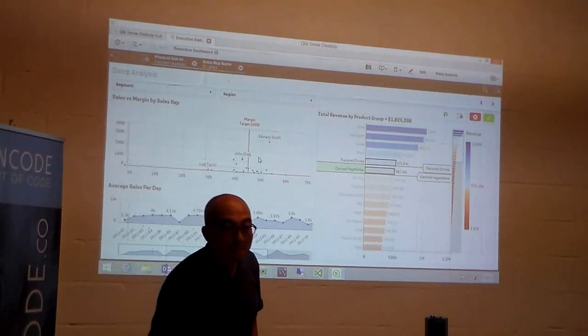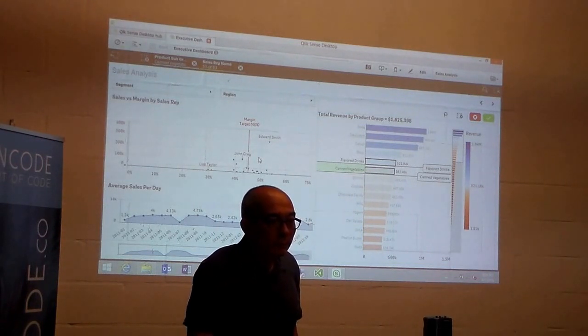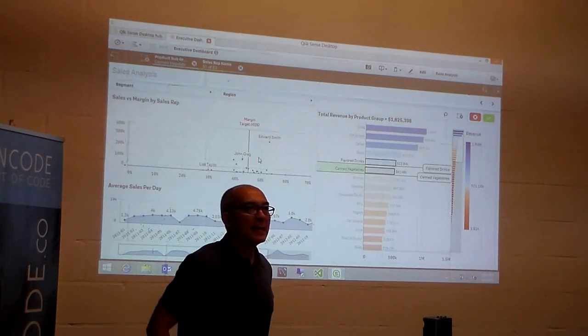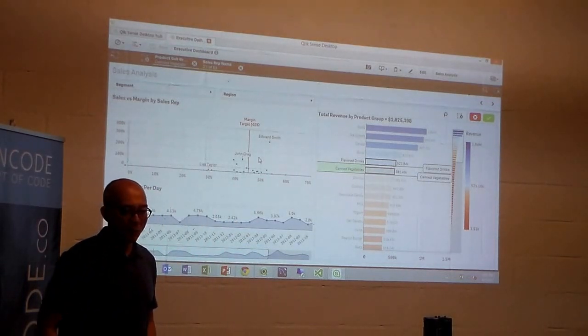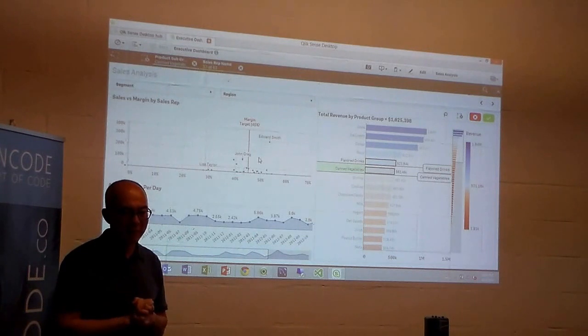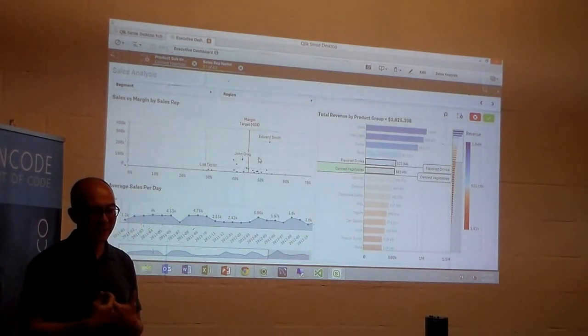So is it safe to say that QlikSense has some limited data mining capabilities, or is it just visualization? I would say they just came out with this, so I would imagine they're going to continue improving this product. Right now, it's a lot of visualization.